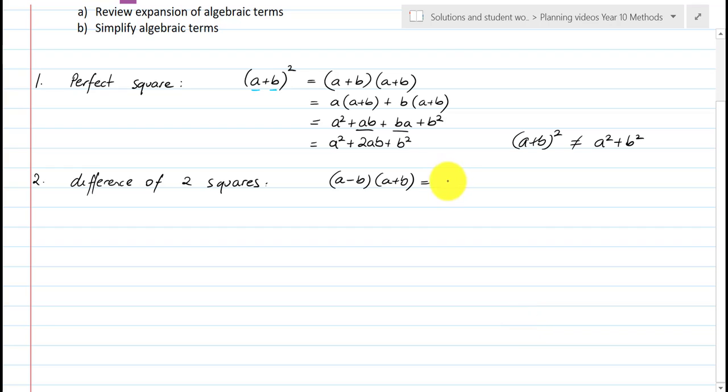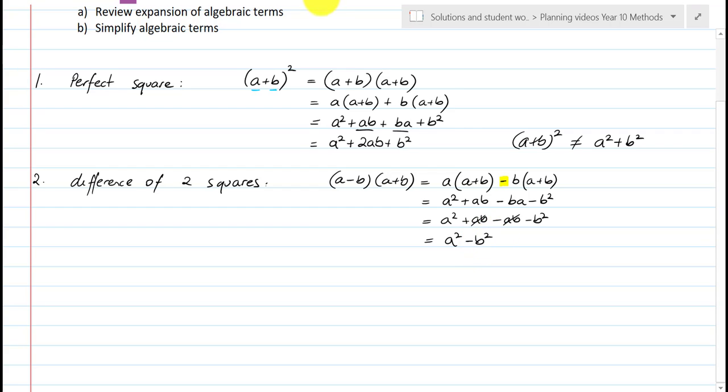And now I can distribute the (a - b): a times (a + b) minus b times (a + b), and a times a gives me a squared plus ab minus ba minus b squared. You'll note here that this negative has continued to follow through the question. It remains with that b. The two central terms there will cancel out with each other, and it gives us a squared minus b squared. And so there's our expansion.